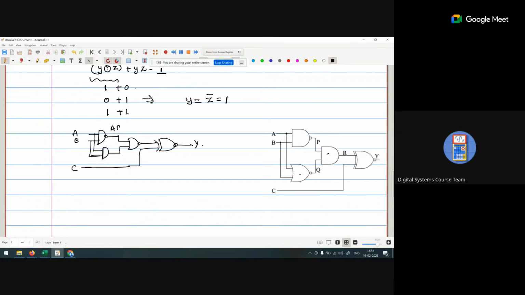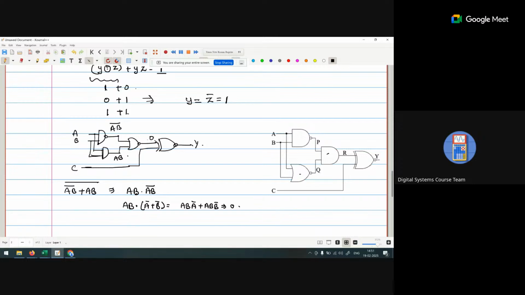So here I am getting A B bar and A B. If I put them into the NOR gate, it is (A B bar plus A B) whole bar, so it becomes (A B bar) bar dot (A B) bar. Breaking it as (A bar plus B) dot (A plus B bar), we get A bar A plus A bar B bar plus B A plus B B bar, and both are 0. So this will become 0. Now it is an XNOR gate.